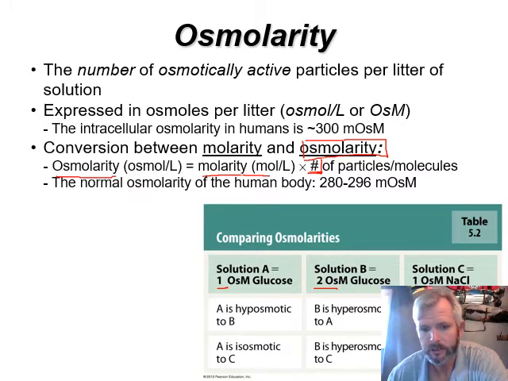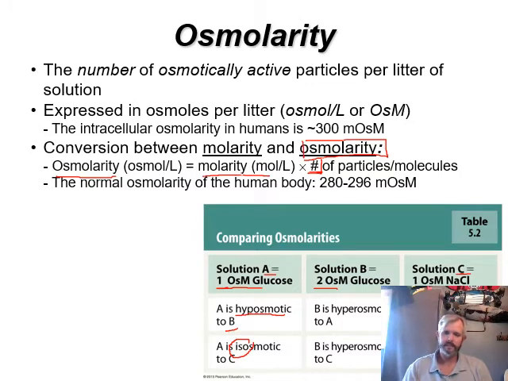If I compare solution A to B, this solution has less osmolarity. So solution A is hypoosmotic to B. It's below B's osmolarity. How about A versus C? It's termed isoosmotic because they have the same osmolarity.